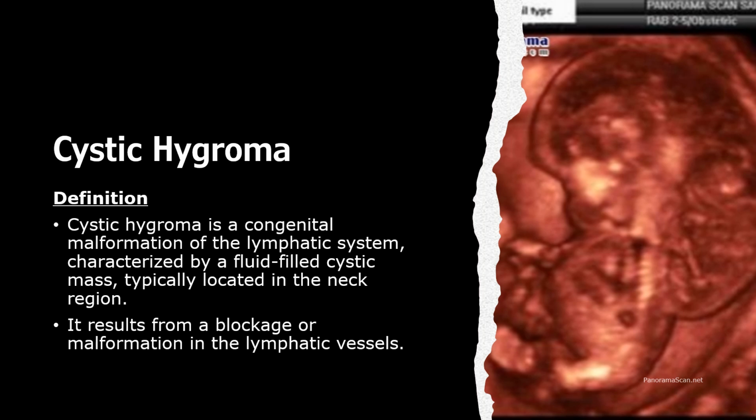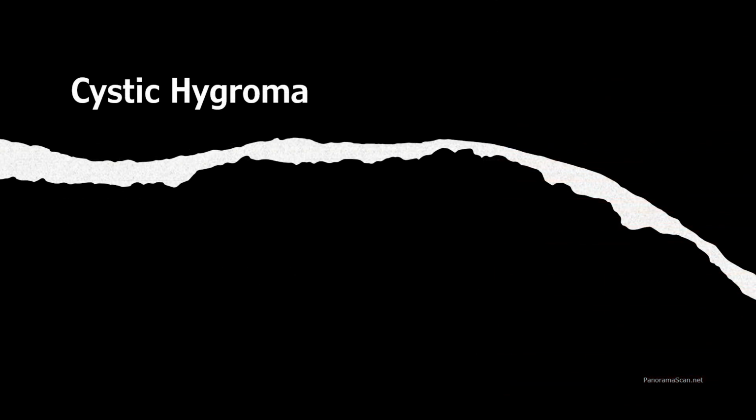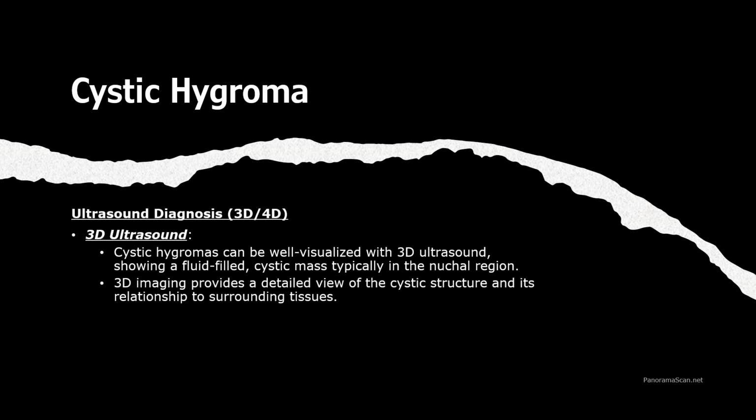Next, we will explore how advanced ultrasound techniques assist in diagnosing cystic hygroma. Now, let's understand how 3D and 4D ultrasound contribute to the diagnosis of cystic hygroma. With the 3D ultrasound, we can obtain a highly detailed visualization of the cystic hygroma.